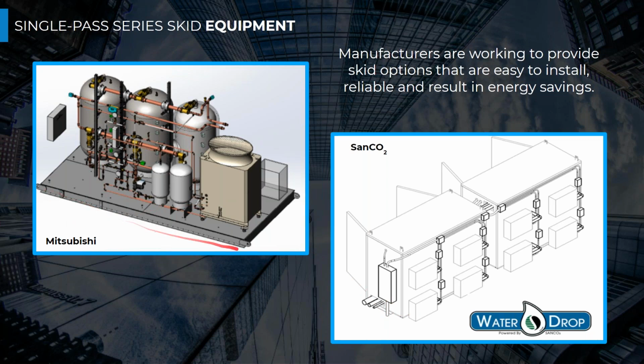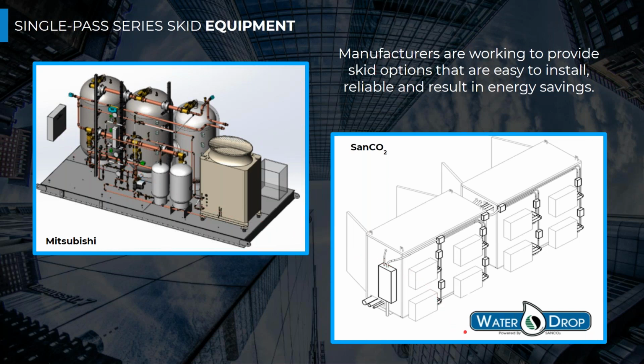So this is a Mitsubishi skid, and they're designing it to have 2 primary storage tanks, a temperature maintenance swing tank, and a primary heat pump water heater. And then there's some other valves, components, pumps, and the control system shown there.